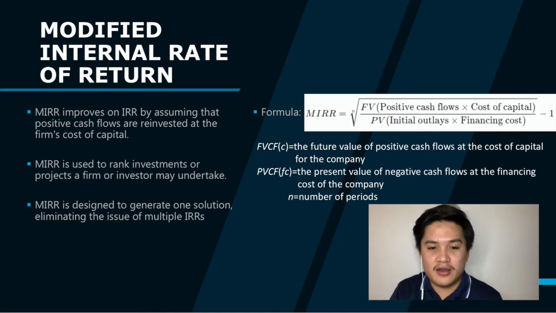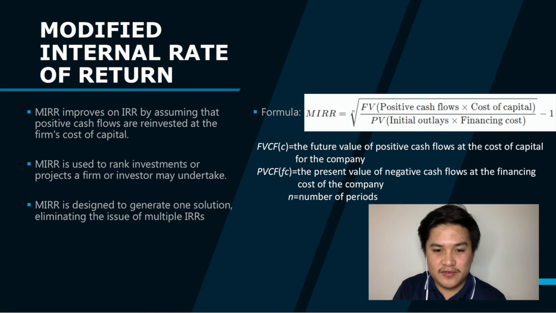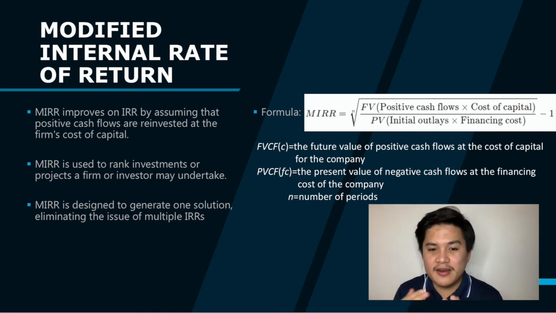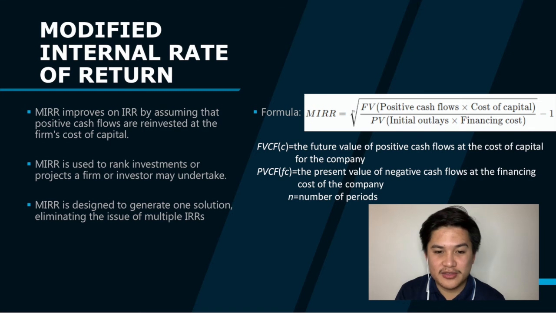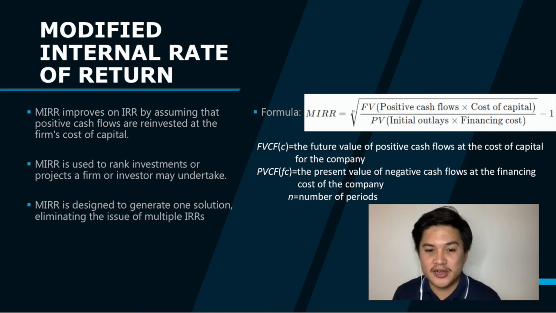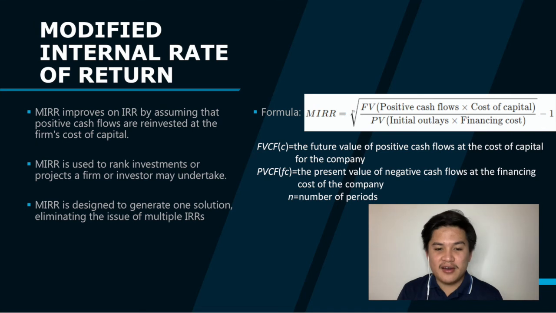So, MIRR improves on IRR by assuming that positive cash flows are reinvested at the firm's cost of capital. The MIRR method is used to rank investments or projects a firm or investor may undertake. The MIRR is designed to generate one solution, eliminating the issue of multiple IRRs.